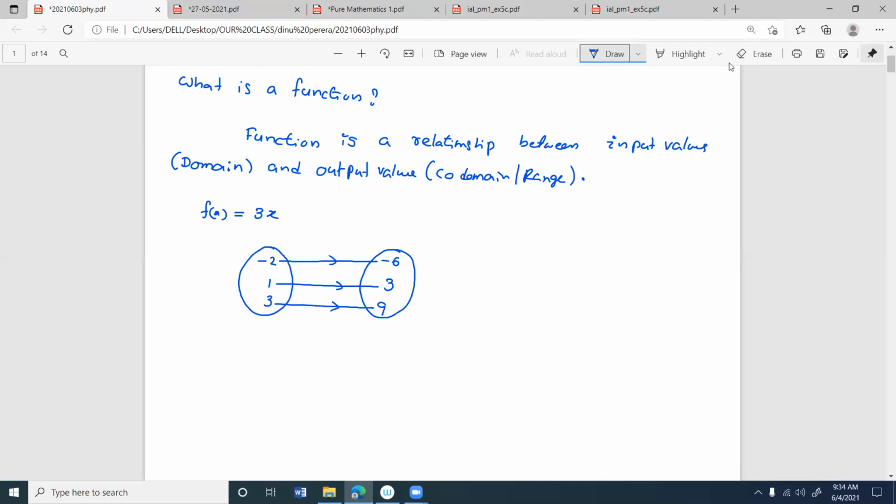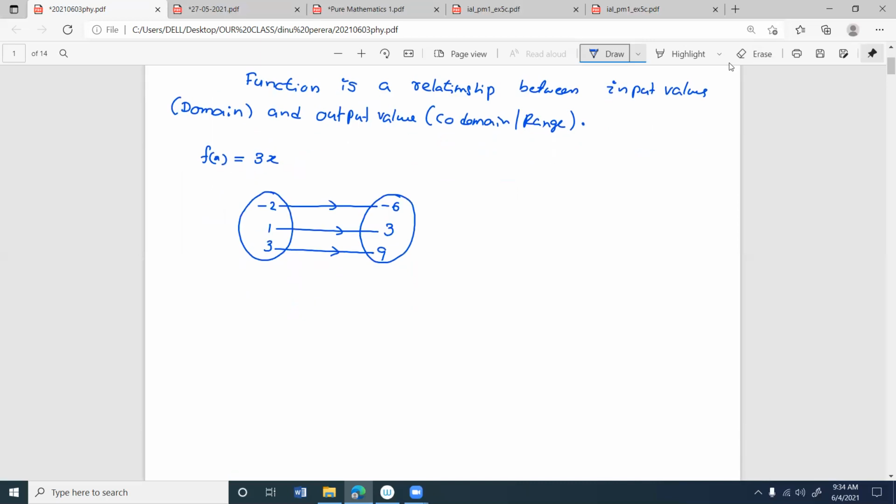So we should know this first property when we're learning about a function. The second one: there's one more thing we need to understand about functions.